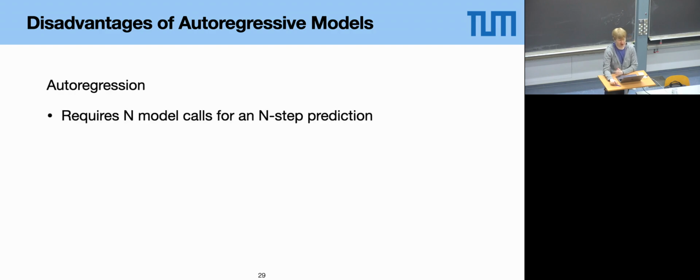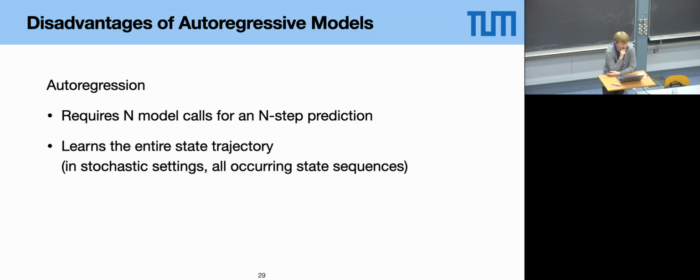As mentioned, autoregressive models are one-step predictors. Applying them to multi-step tasks can cause problems. Among others, for n-step prediction, you require n model calls. Another thing to have in mind is that you learn an entire state trajectory.